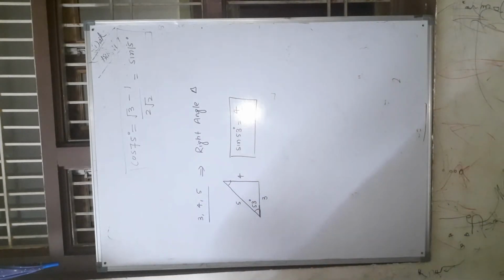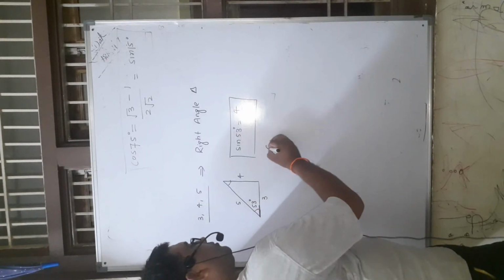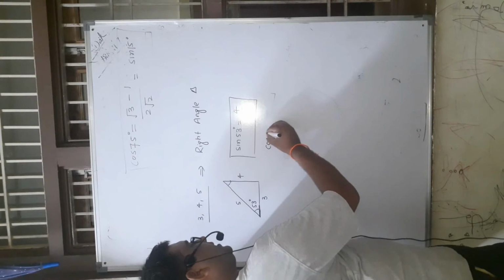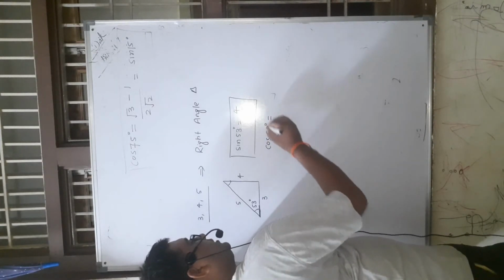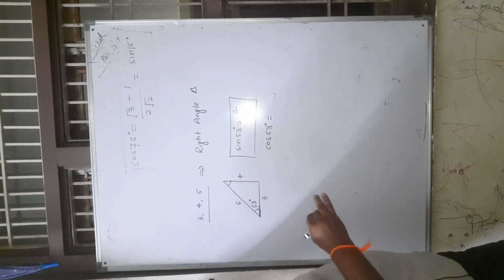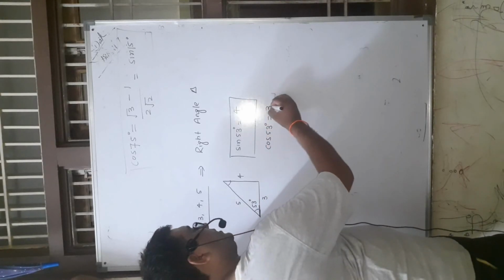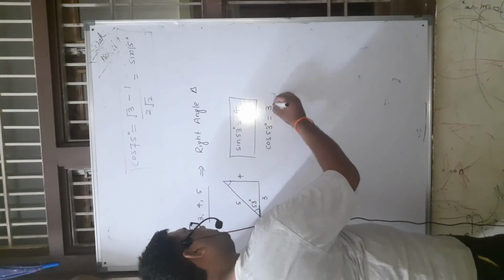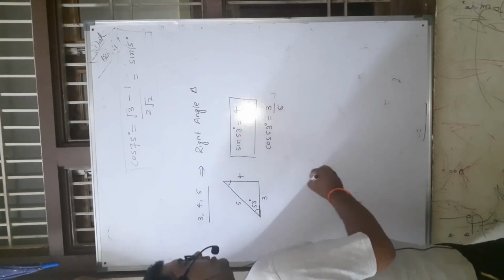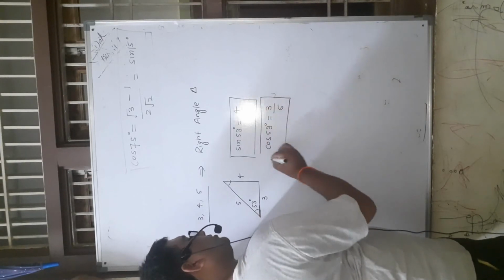Always remember this value. Now what will be the value of cos 53 degree from this triangle? As we know, cos theta is equal to base upon hypotenuse. So here base is equal to 3 and hypotenuse is equal to 5.